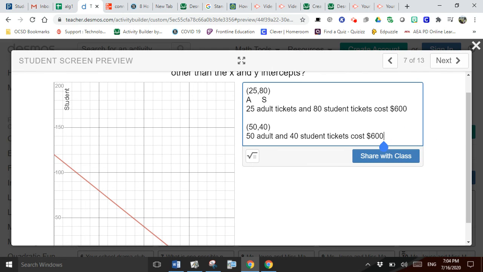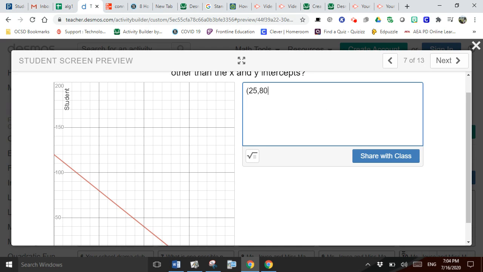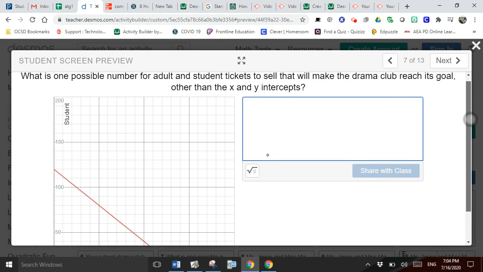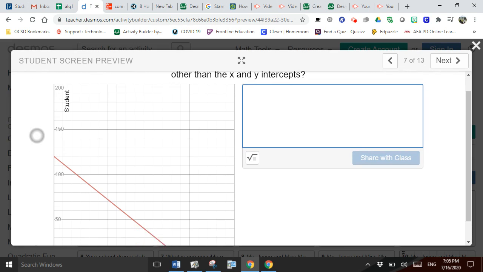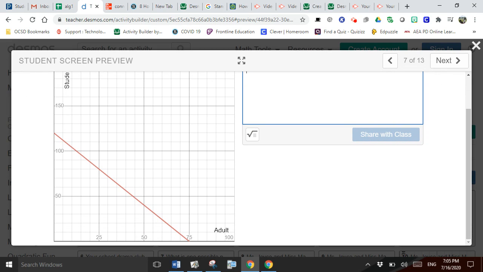All right, now we need to figure out other options for selling tickets to make $600. Because I cannot sell only adult tickets and I cannot sell just student tickets.